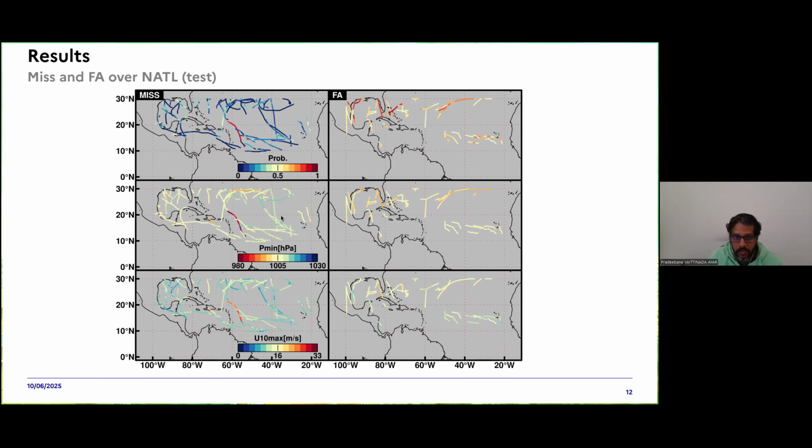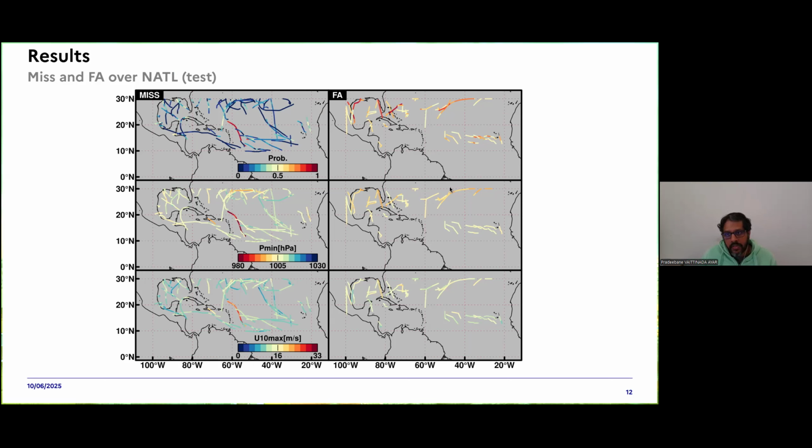This is why you miss them, because you don't reach this threshold, the 1005 or 16 meters per second threshold. So these tracks are missed because ERA5 is not able to capture them. It's not a problem of the tracker, more a problem of ERA5 here.